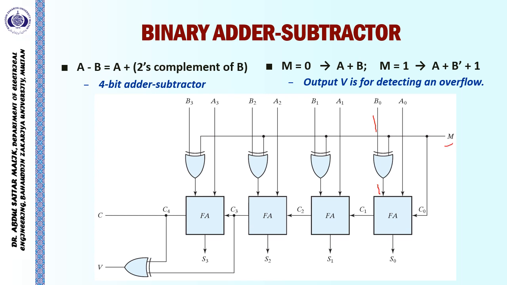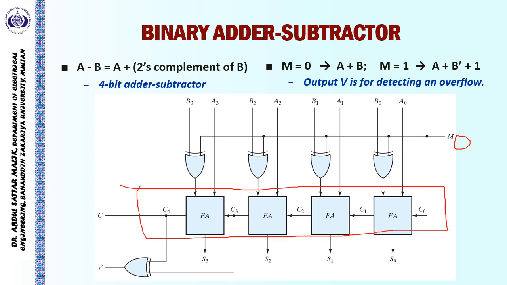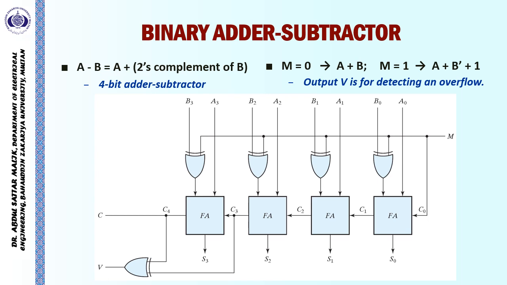It means when M is equal to 0, the number B is reproduced at the output of the exclusive OR gates, and since number A is also coming directly to the full adders, when M is equal to 0, simply the number A and the number B are being added by the remaining circuitry of the parallel binary adder circuit.